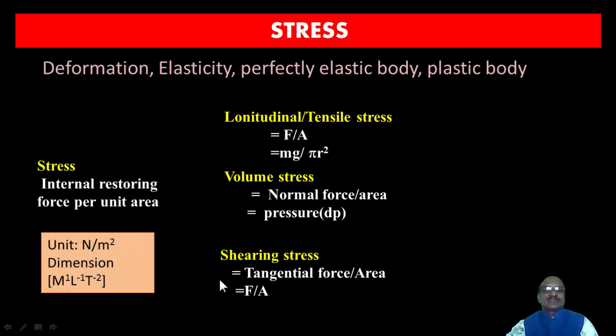The unit for this stress is Newton per meter square, because the force is measured in Newton and the area of cross section is meter square in the SI system. Now the dimensions of the stress are M raised to 1, L raised to minus 1 and T raised to minus 2.